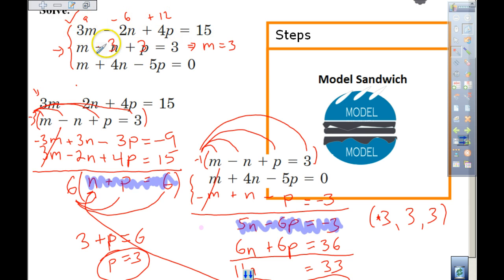That's one. All right, 3 minus 3 plus 3. Does that equal 3? Yeah. That's a little bit easier. Okay. 3 plus 12 minus 15. Does that equal 0? Yes. So we checked all 3. Has to work for all 3.